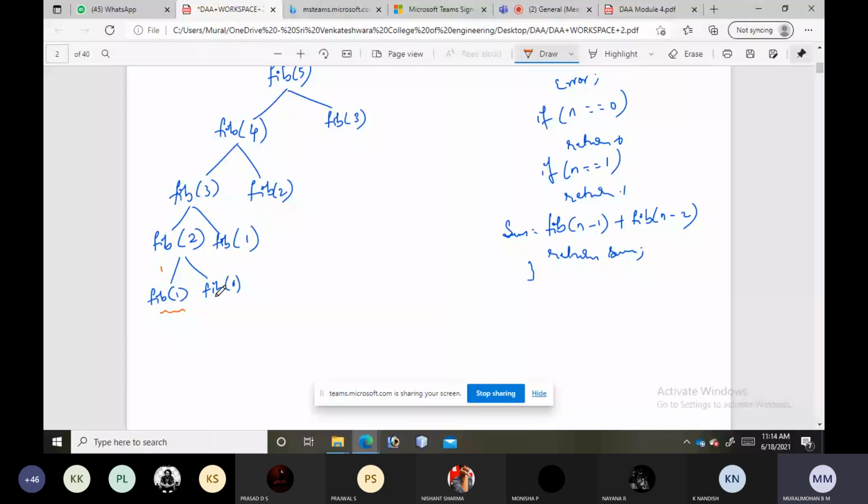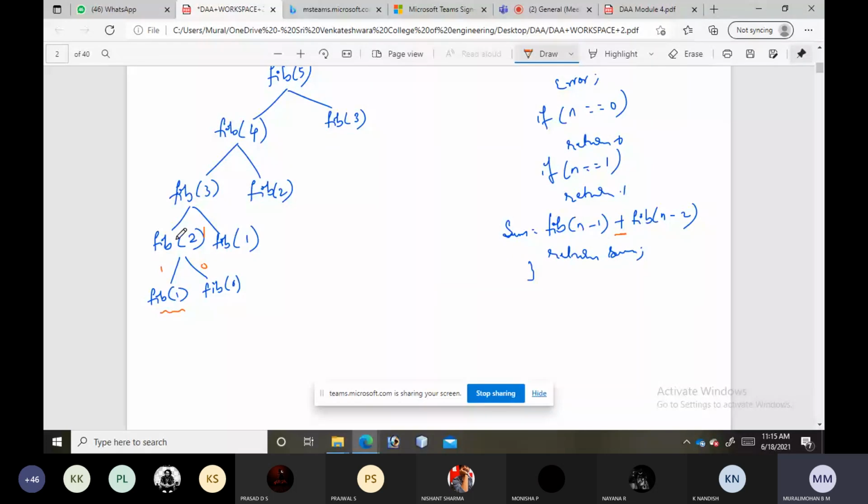Fib of 1: n is equal to 1, so we return 1. Fib of 0: n is 0, so it returns 0. Since it is plus, 1 plus 0 is 1. So fib of 2 is 1. Now fib of 2 is solved.